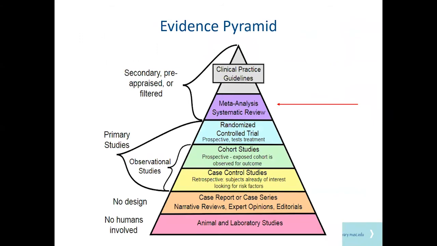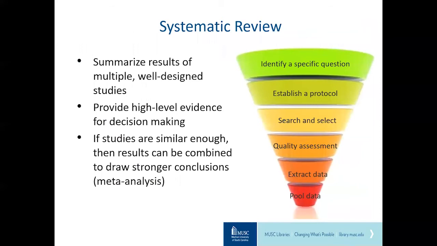The next step down is systematic reviews and meta-analyses. The purpose of a systematic review is to summarize the results of multiple well-designed studies and provide an unbiased source of high-level evidence for decision-making.